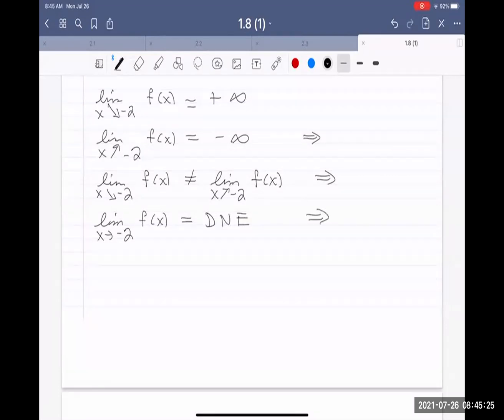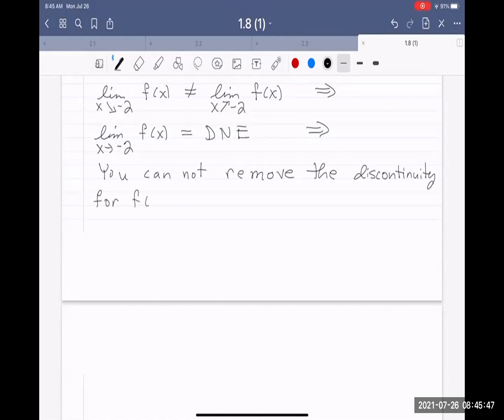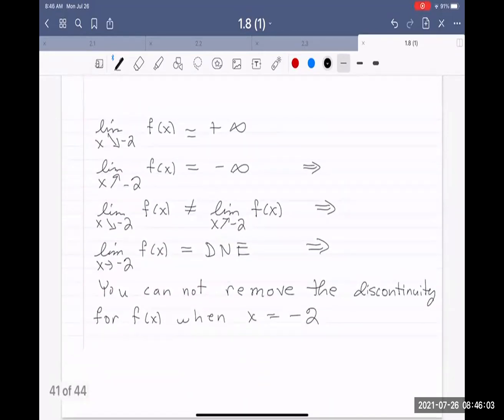Therefore, for f, you cannot remove the discontinuity for f of x when x equals -2. So we were able to remove the discontinuity at +2, but we were not able to remove the discontinuity at -2.